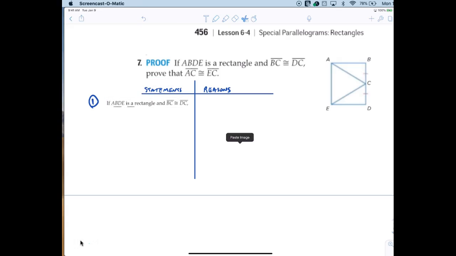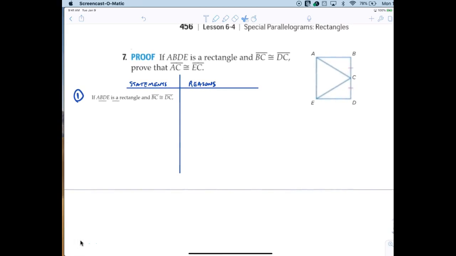Now, my recommendation is when they tell you something is a rectangle, then I'm looking at it going, this is congruent to this, right? For sure. And because it's a right triangle, I'm going to go ahead and mark this as a 90-degree angle. And I'm trying to prove that AC is congruent to, wow. So I think by marking those, it's done pretty much. All right, I think it's done.